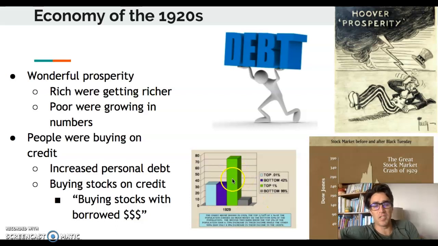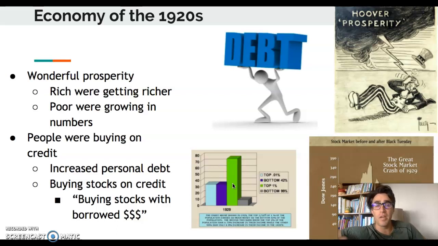Also, the top 1%, so the top 100 people, had more money than the other 900 people, according to this chart in 1920. So the rich were getting a lot richer, the poor were growing in numbers.